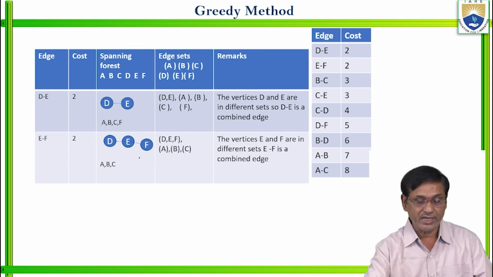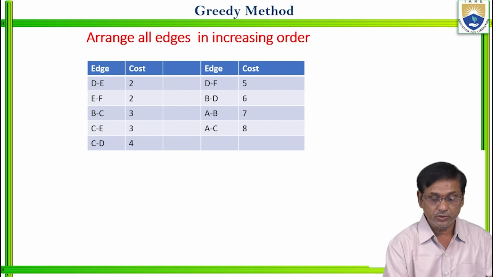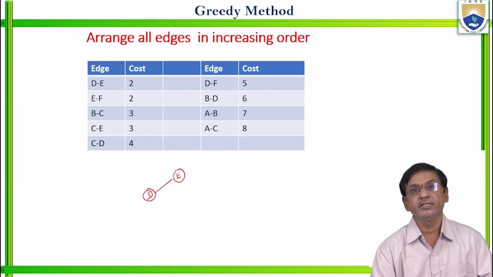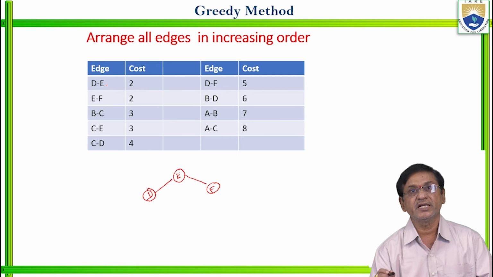Now, you see it is arranged here. For that, I will explain here. So, the lowest cost edge is DE. So, first select D and E. DE is selected because it is the lowest cost edge. Next is EF. So you can consider E and F, because D and E are in different sets.